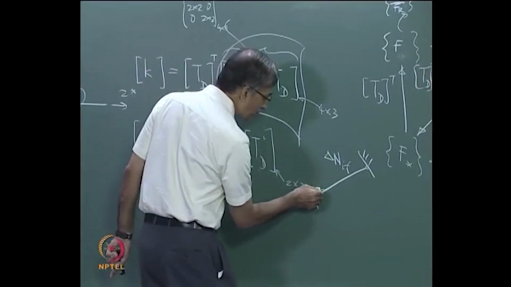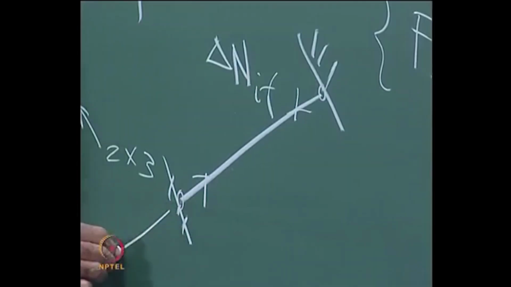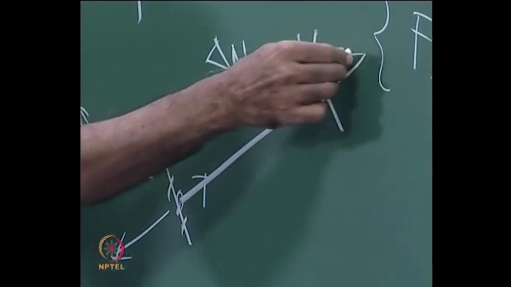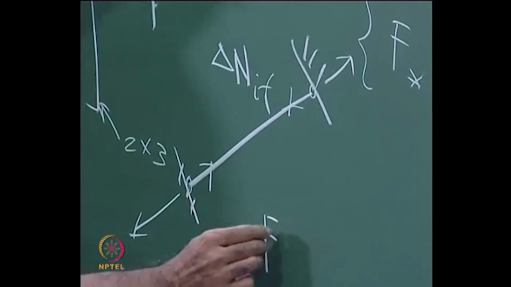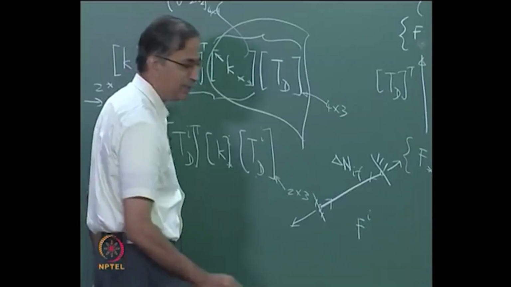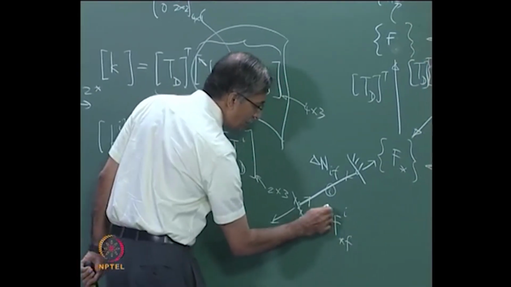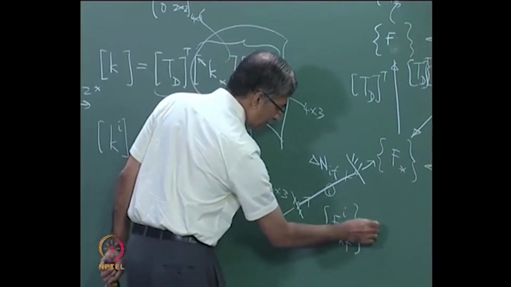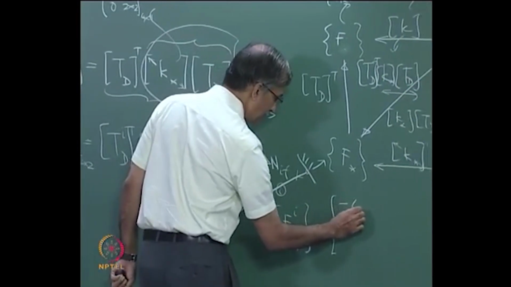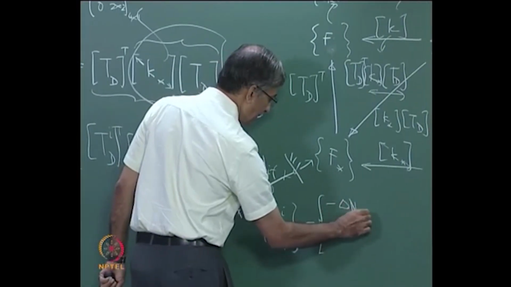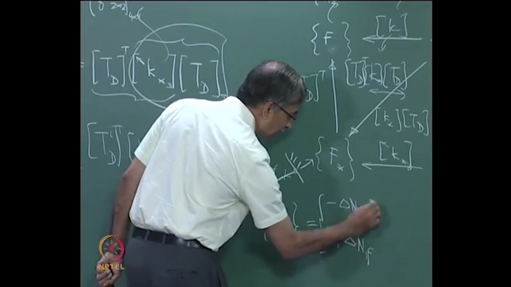So if I can show the tension like that, it must be equilibrated by a force like this and a force like that. So my fixed end force vector F for the ith element, star F, what will it look like? It will look like minus delta N IF plus delta N. Absolutely right. So this is my first principle.